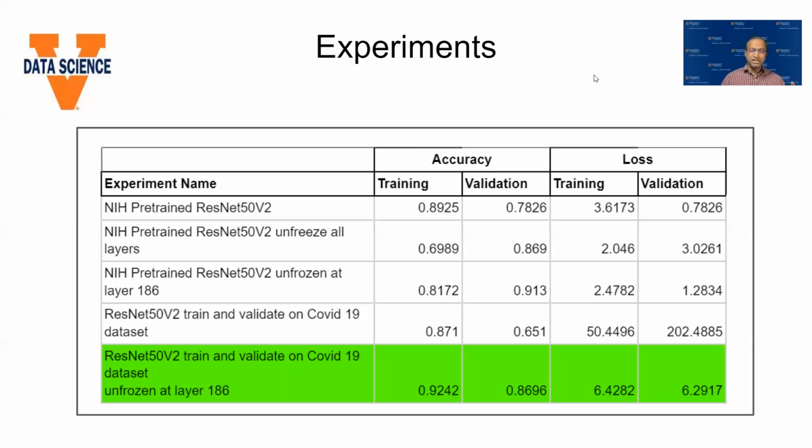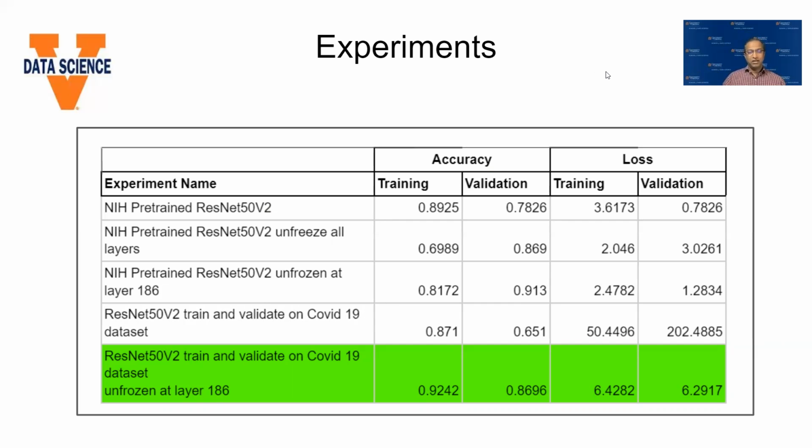So as you can see, our observation was when we used the backbone model, ResNet v2 model, trained on ImageNet database, and we directly used it on a larger COVID data set, we got consistently better results.